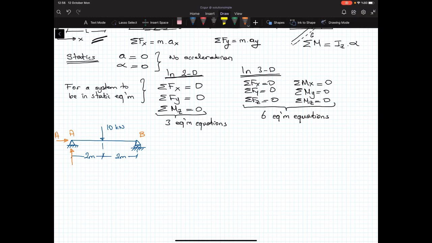So I have AX and AY, and here this is a roller support, meaning that it can only resist translation in the vertical direction with the help of a support reaction. Let's call it BY. So when I look at that structure, I got 3 unknown support reactions.